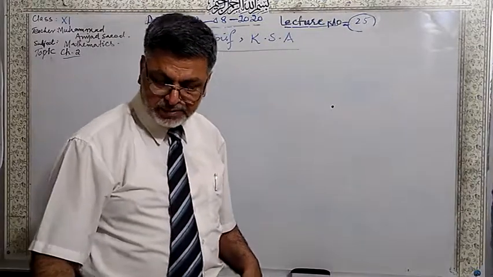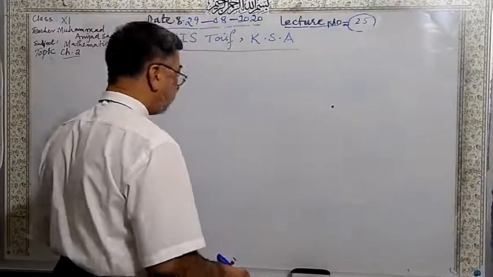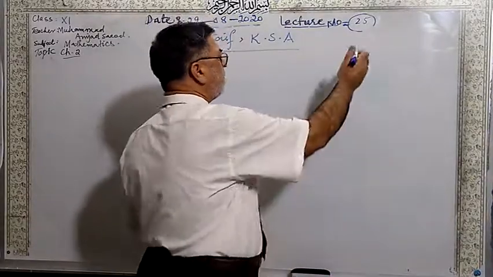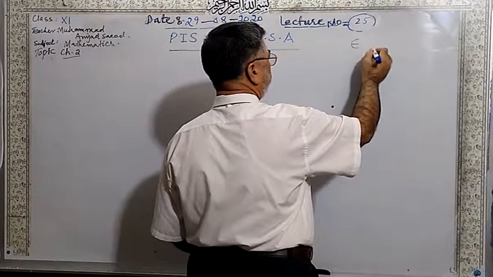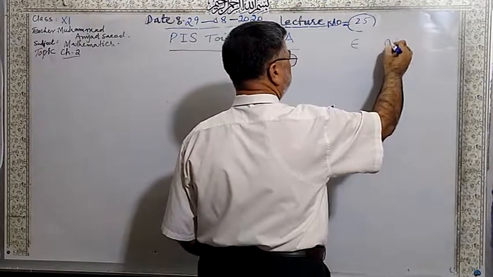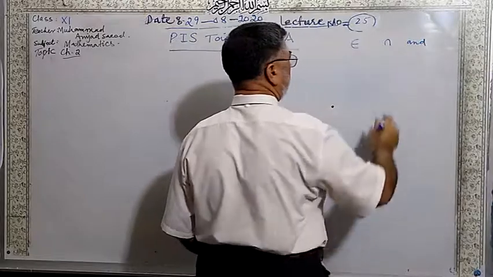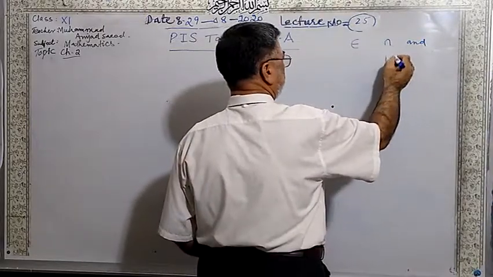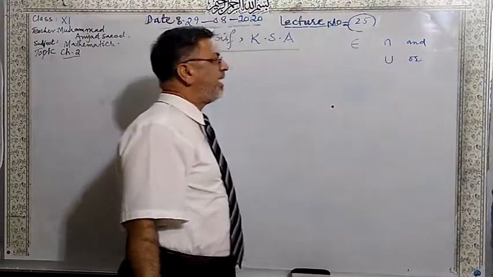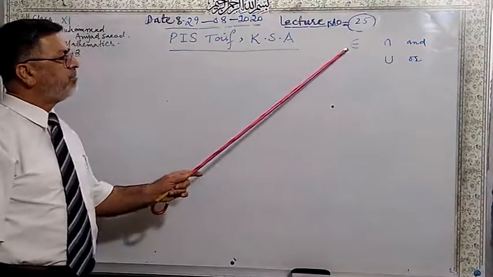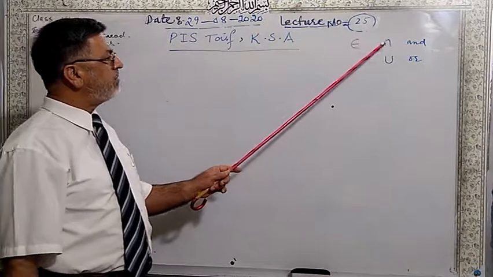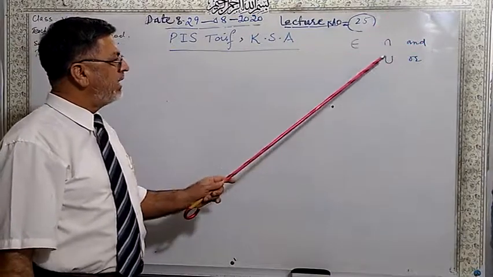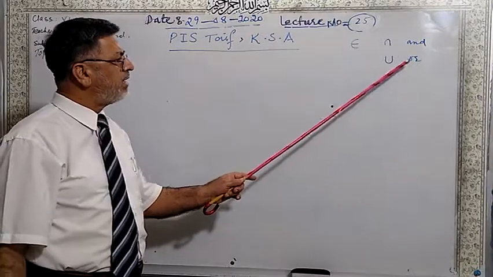In case of different properties on sets, first of all, this notation will be very important: belongs to, intersection and union, and, or. Remember that in case of belongs to, wherever you have intersection, you write and. In case of union, you write or.